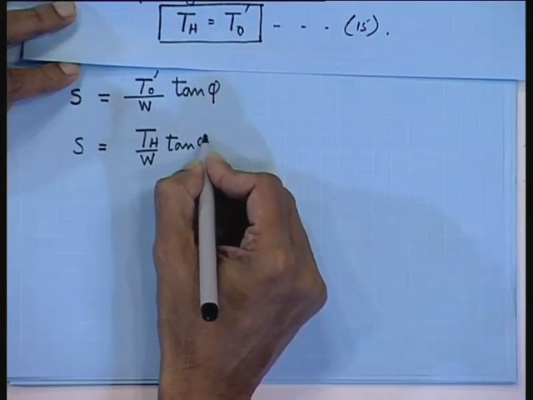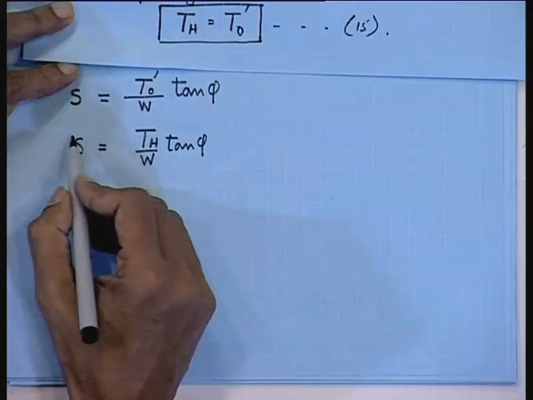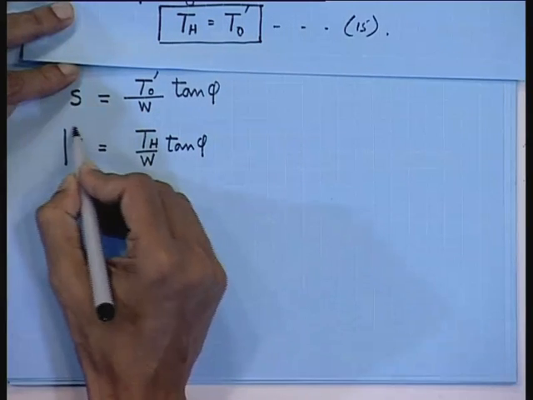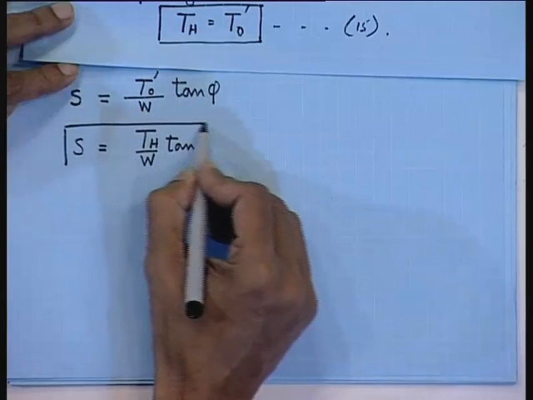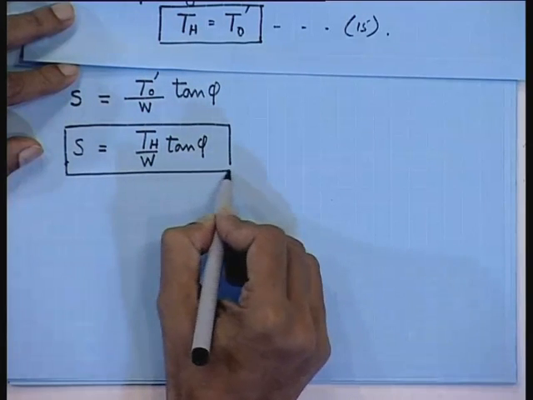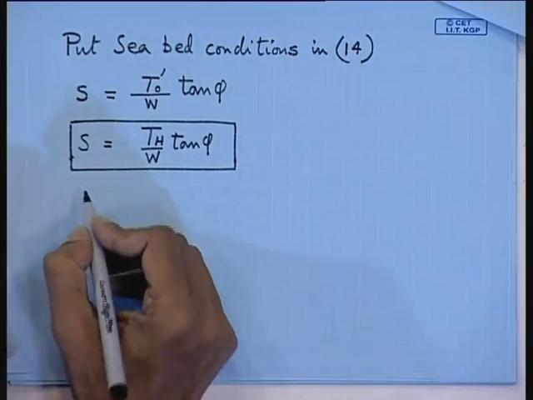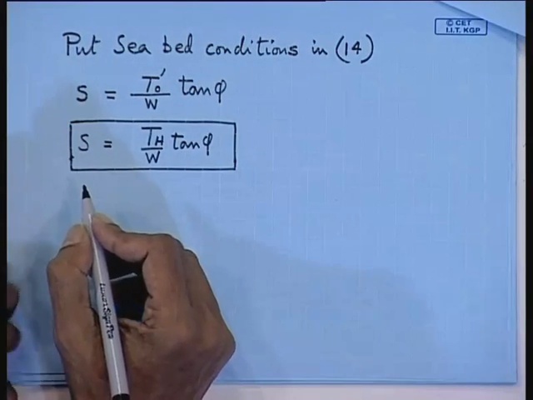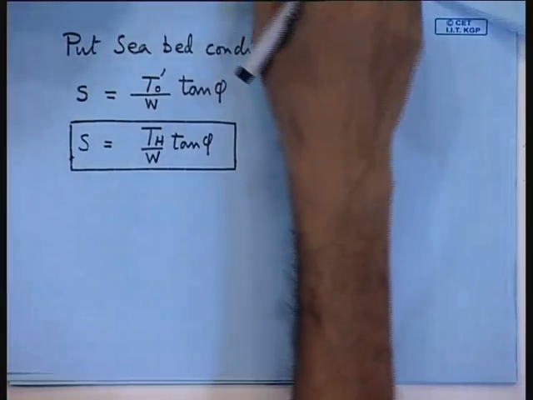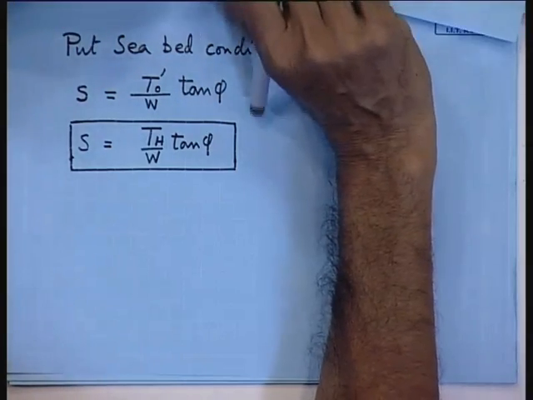So now we have obtained a very simple equation for S. You are able to see that? It is all simple seabed conditions and mathematical jugglery, that's all. Now you derive this for x minus x naught. What was the expression for x minus x naught? And you substitute the seabed conditions, that's all.